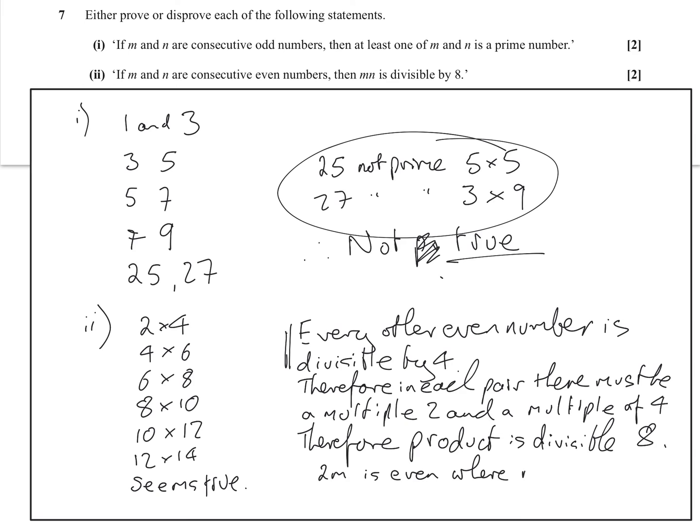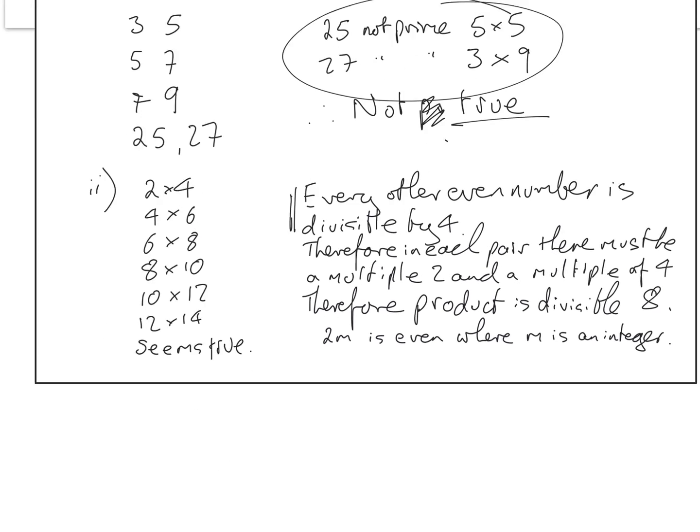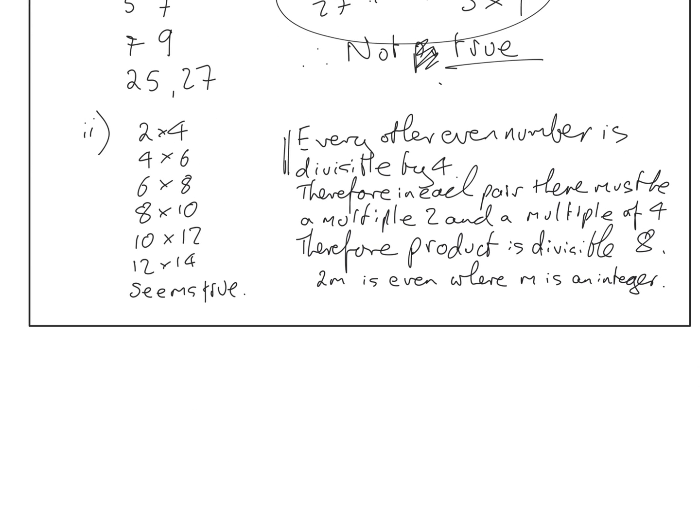That's the way of defining algebraically an even number, and that's fairly standard. Let's give ourselves a bit of space. So the next number is 2m plus 2.